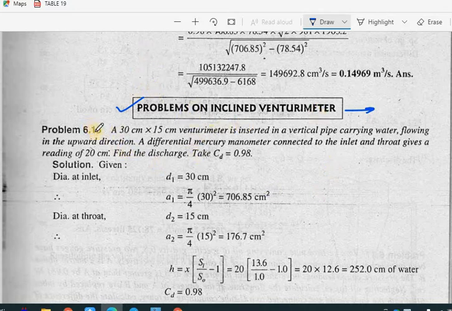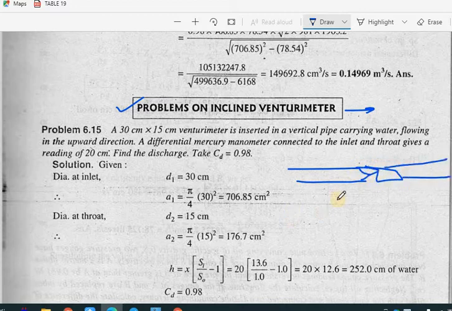Over here you can see that a 30 centimeter by 15 centimeter venturimeter is inserted in a vertical pipe. As you can see, there is a pipe and there is a venturimeter which has been fitted inside that. The dimension for the venturimeter has been given. It is like this shape. In between there is a venturimeter and there are two pipes connected.